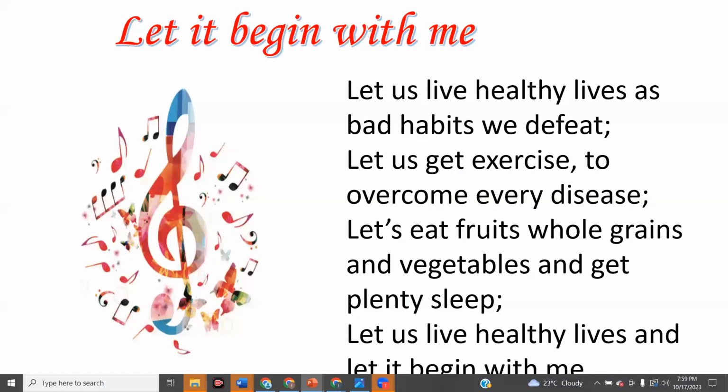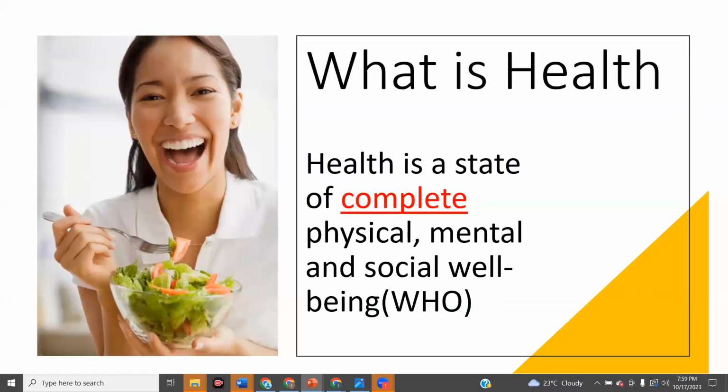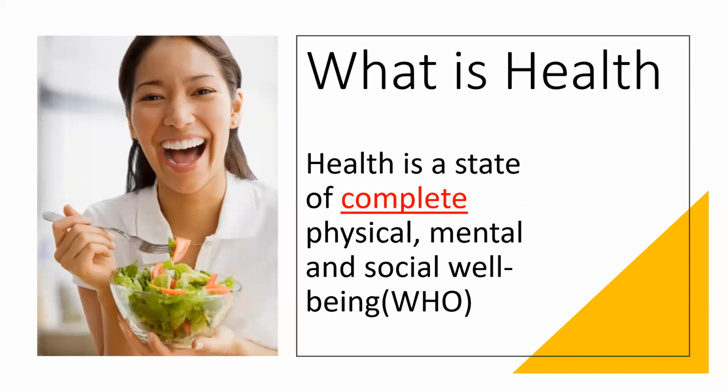So for pathogenic diseases, before we even talk about them, what do we say health is? Health is when you are complete physically, mentally, and socially. So just because you are healthy physically, but if you're not healthy mentally, are you still healthy? No, sir.